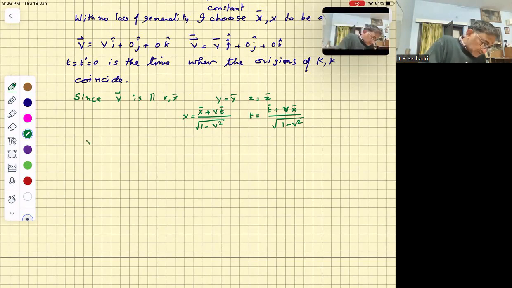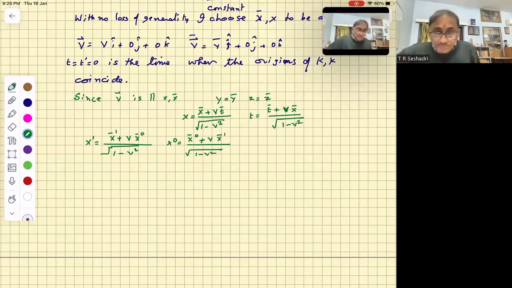Okay, and now what we do is, for uniformity's sake, I will write these as x0 and x1. So I will write x1 is equal to x bar 1 plus V x bar 0, over 1 minus V square. And x0 is equal to x bar 0 plus V x bar 1 divided by 1 minus V square. Okay.